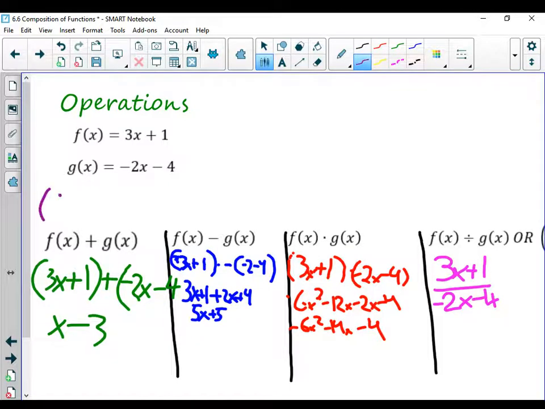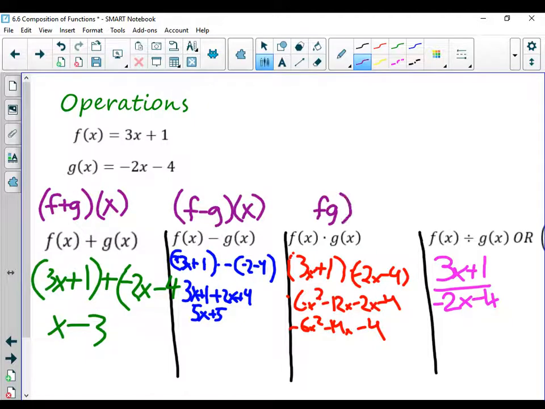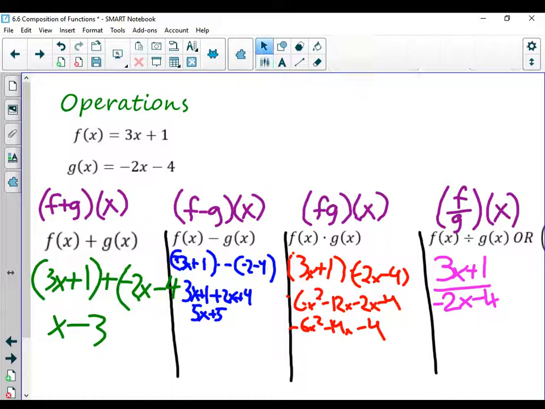These can be written as f plus g of x, f minus g of x, f times g of x, and f over g of x. And it seems simple right now looking at that, but for some reason y'all see that as, oh, so at the end I'm going to multiply by another x. That's not what that means, okay? Those mean the same thing as what's written there in black.